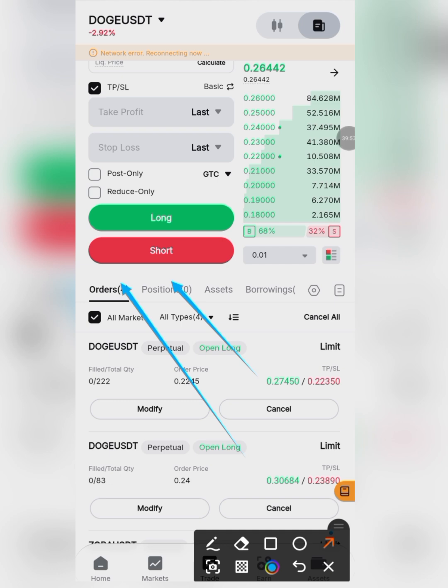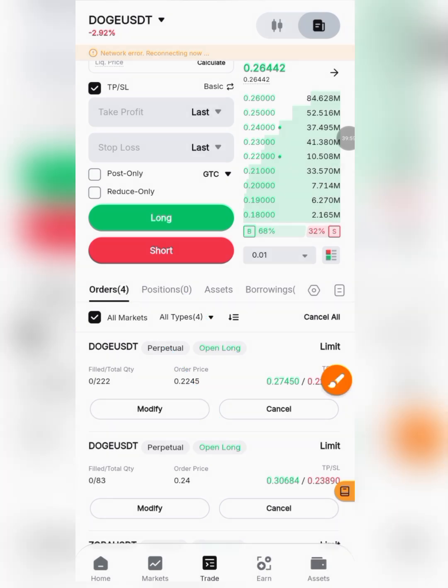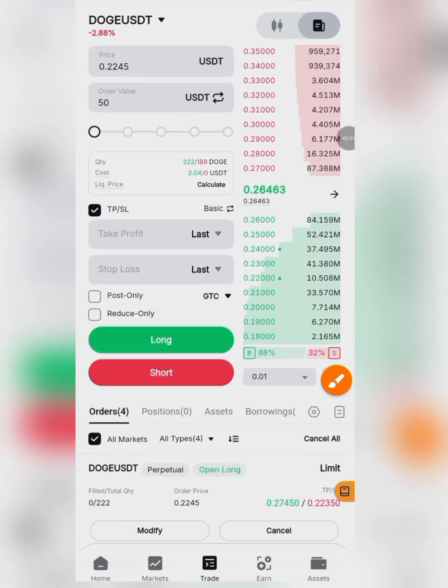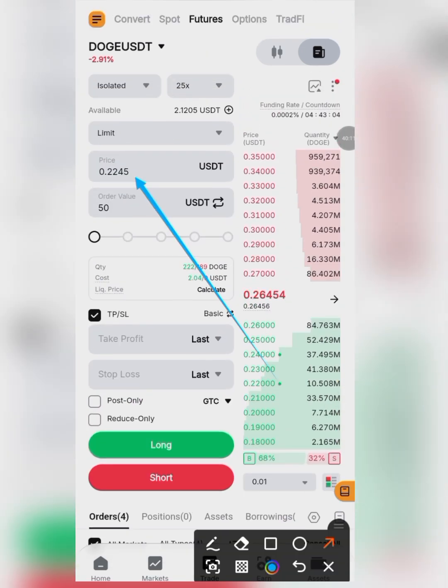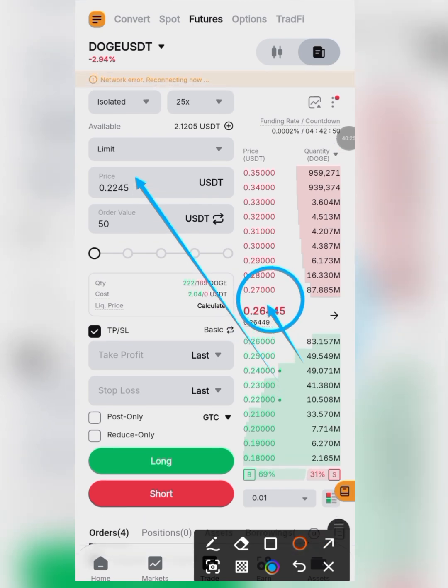The reason is this. I said that if this trade gets to 0.2245, let the market start. But look, the market is currently here, at 0.26. It has not even gotten to 0.22 yet. So that is why it is still awaiting.